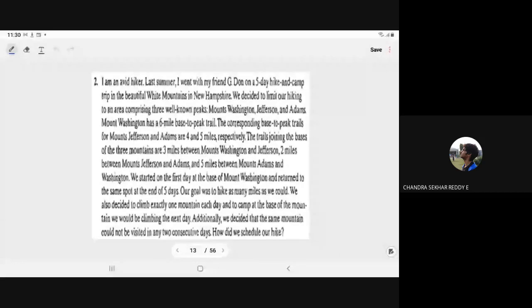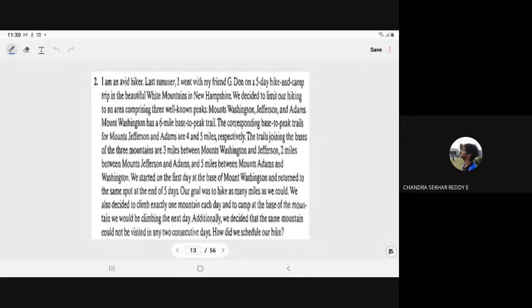I am an avid hiker. Last summer, I went with my friends on a 5-day hike and camp trip in the beautiful White Mountains in New Hampshire.